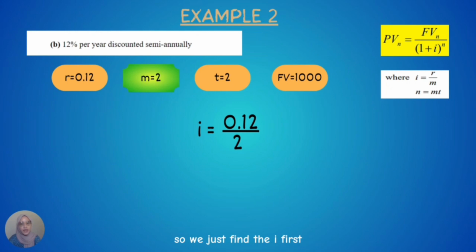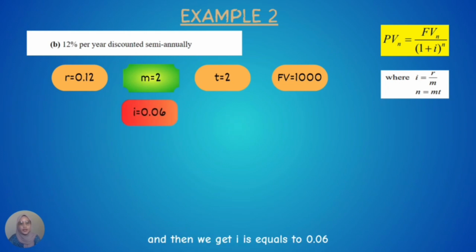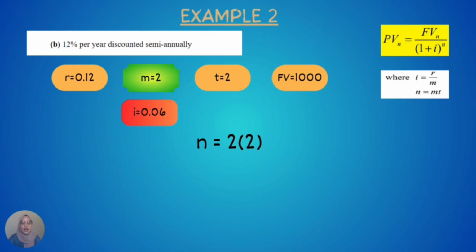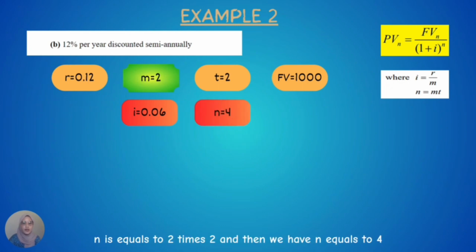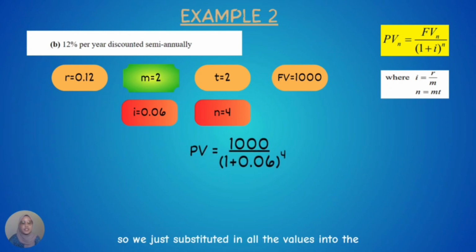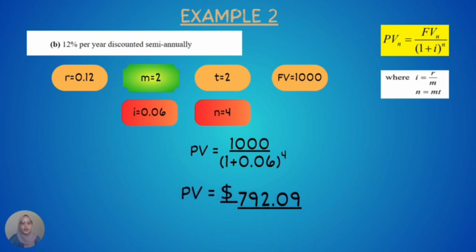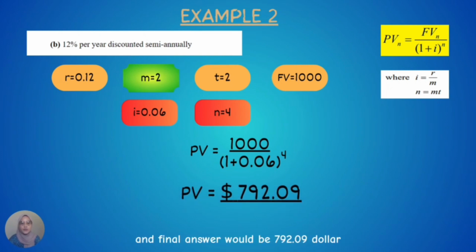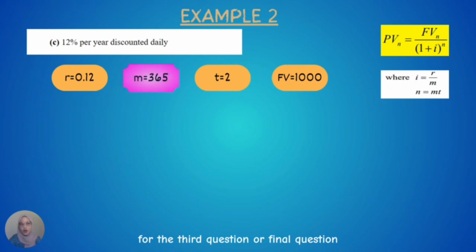We find i first: 0.12 divided by 2, so i equals 0.06. n equals 2 times 2, so n equals 4. Substituting all the values into PV equals FV divided by (1 plus i) to the power of n, present value equals 1000 divided by (1 plus 0.06) to the power of 4, and the final answer is $792.09.